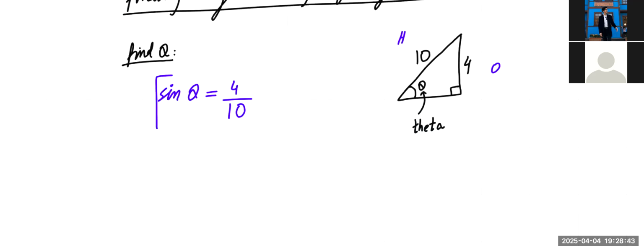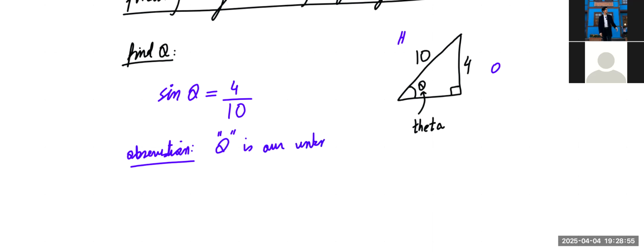Now, I need you to remember something very important that's going to happen here. Observation. Theta is the thing we're finding, our unknown. And our unknown is stuck inside the sine.